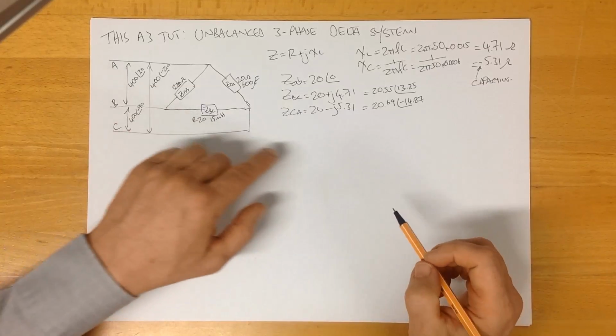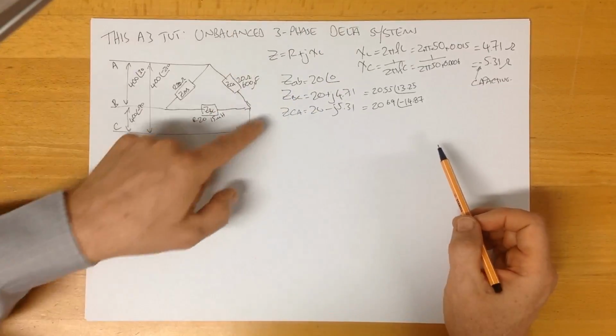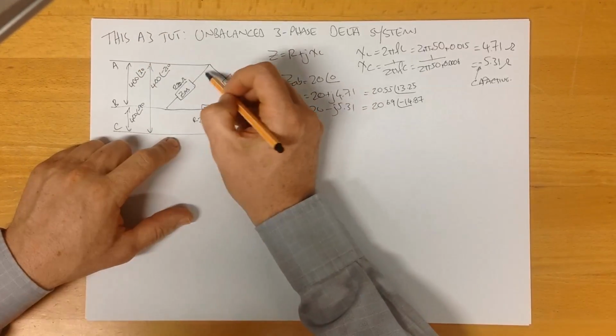So we now have the value of our impedances here and the voltages across them, so we can now work out our currents through them.